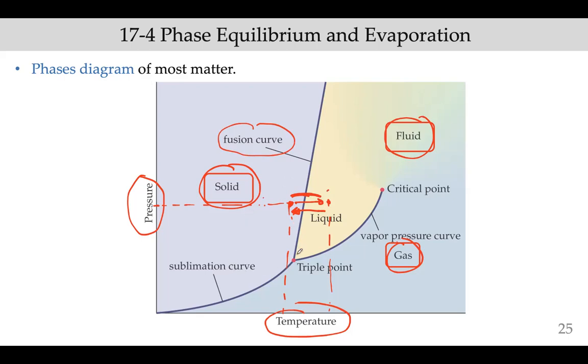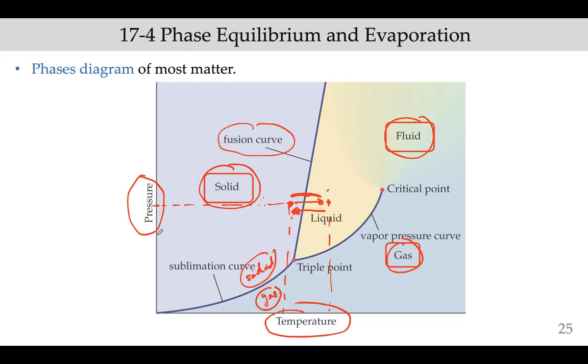And we have another curve here. It separates the solid phase and the gas phase. So here it's gas, here it's solid. It's possible to turn a solid into gas directly without going into the liquid phase, and it happens at low pressures.